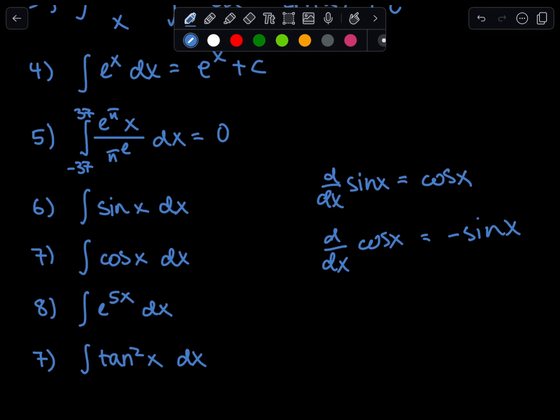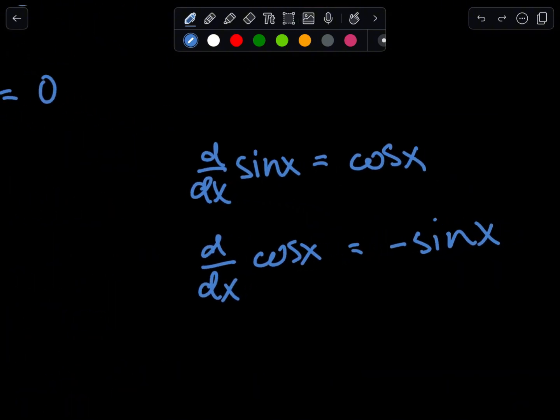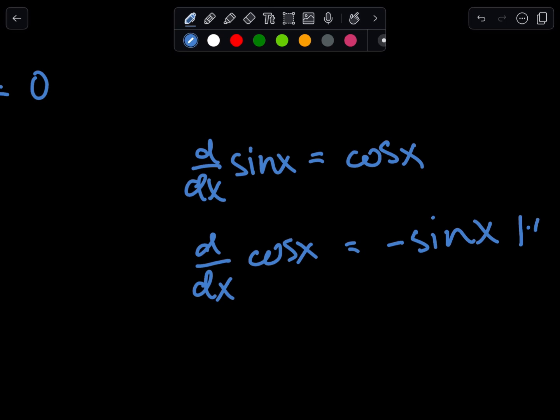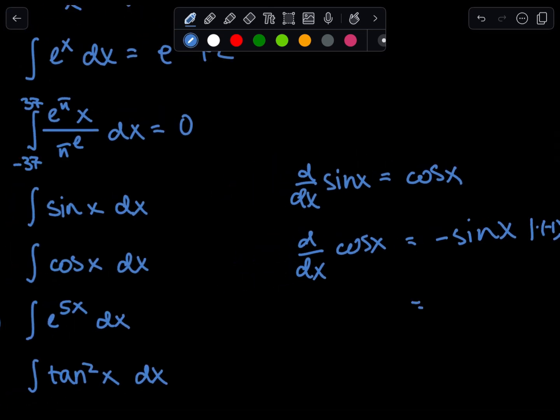So we want the derivative of something to be sine of x. Well, the derivative of cosine is minus sine of x. But what if we multiply both sides by minus 1? Okay, then on the right side, we just get sine of x.